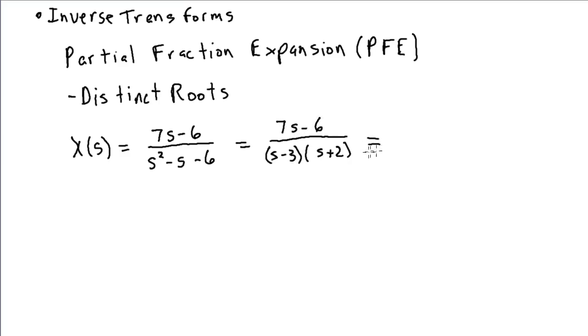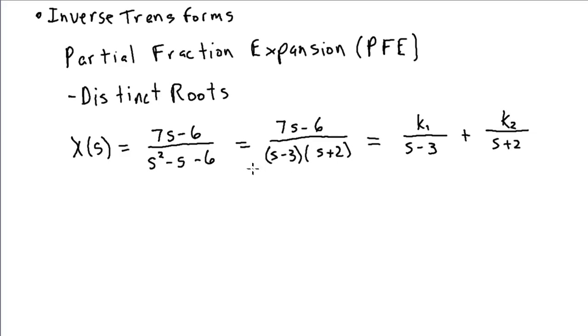In this case, and this would be extended if I had 3 or 4 roots, I can write the expansion like this, where I have as yet unknown constants in the numerator that I'll call K1 and K2.